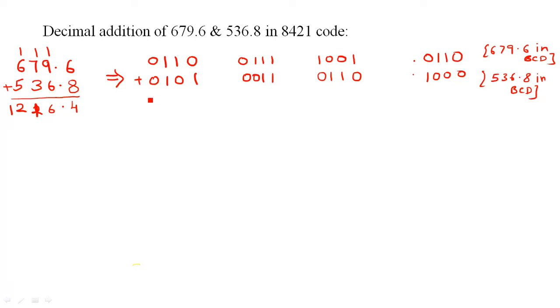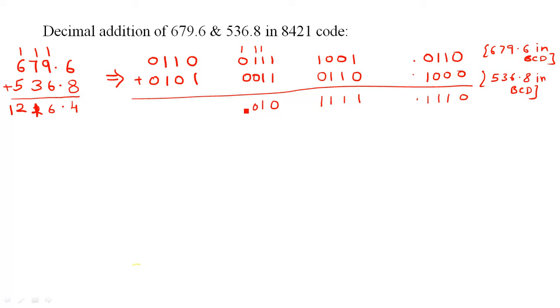Next we are going to add this. So 0 plus 0 is 0, 1 plus 0 is 1, 1 plus 0 is 1, 0 plus 1 is 1. 1 plus 1 is 0, carry 1. And 1 plus 1 is 10, and plus 1 is 11. 1 plus 1 is 10, and 10 plus 0 is 10.